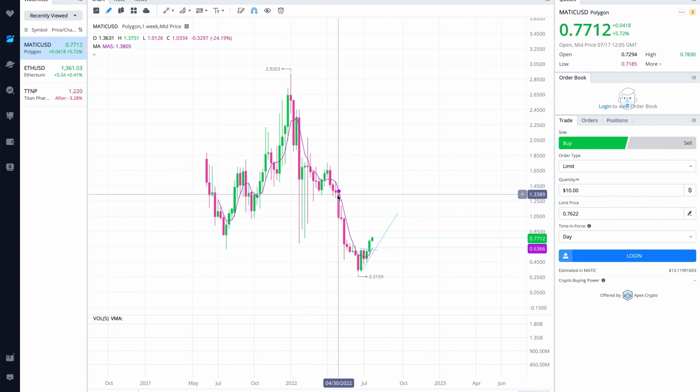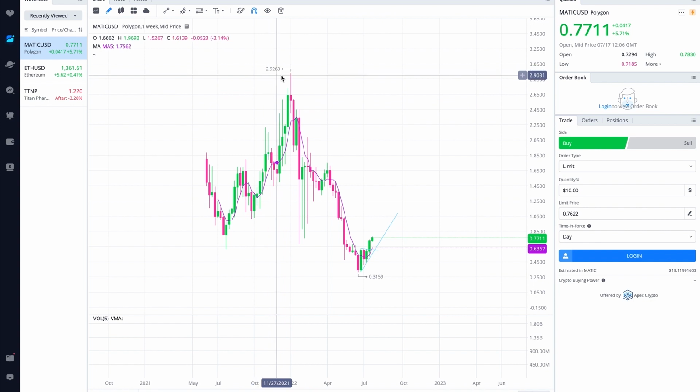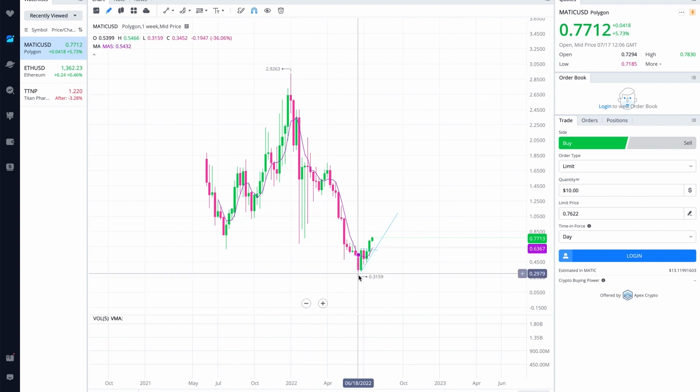And so from $2.31, now at the peak, which was at the beginning of the year, Polygon was literally at almost $3. Crazy, right? That's the all-time high. All-time high of $2.92. Low, drop down to 31 cents. Hey, listen, that's a no-brainer for me.